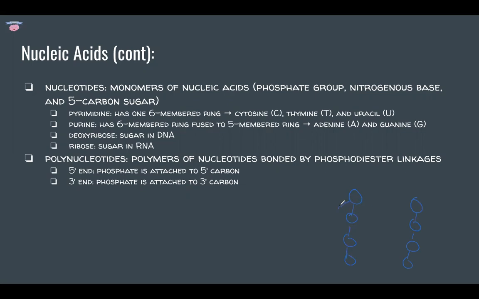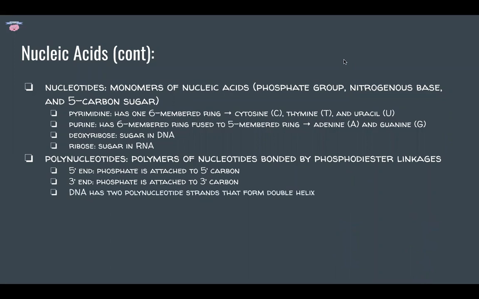And they connect by the phosphate group. These are the phosphate groups. This is the 5' end because it's attached to the 5' carbon. This is the 3' end because it's attached to the 3' carbon. 3' just basically means the 3rd position. 5' means the 5th.